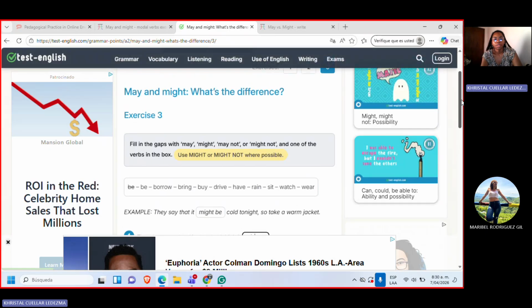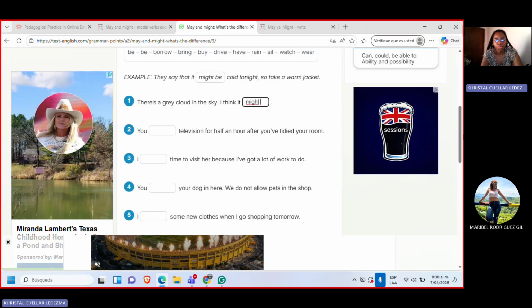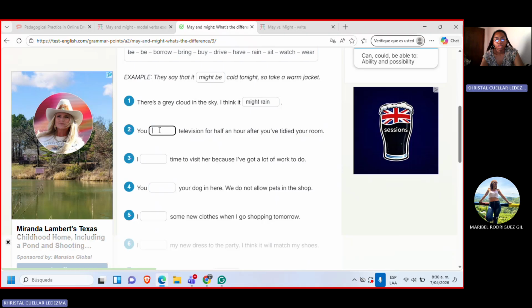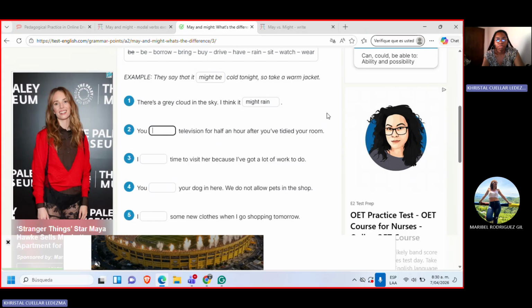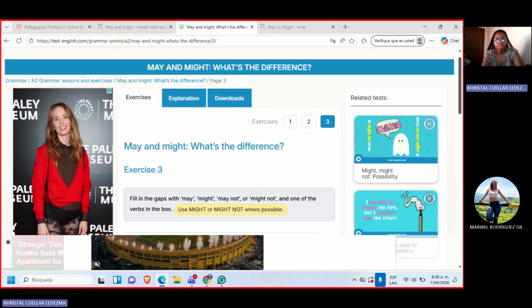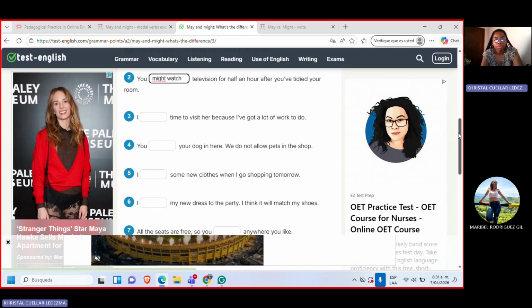You might watch television for half an hour after you tidied your room.